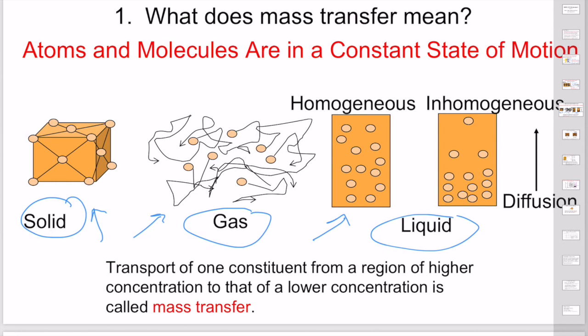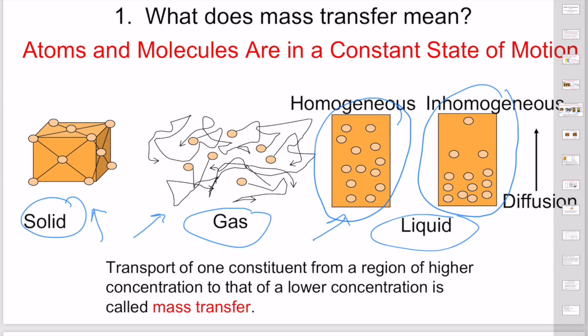And the whole point here, if we look at this part, which is the liquid, we see these little circles are some species other than the solvent species. And it's pretty homogeneous here. It's well mixed. In this second one, where it's inhomogeneous, we see these circles, which are component A, which are in the solvent we'll call B.